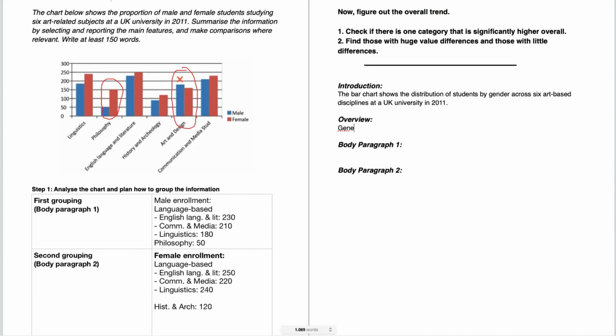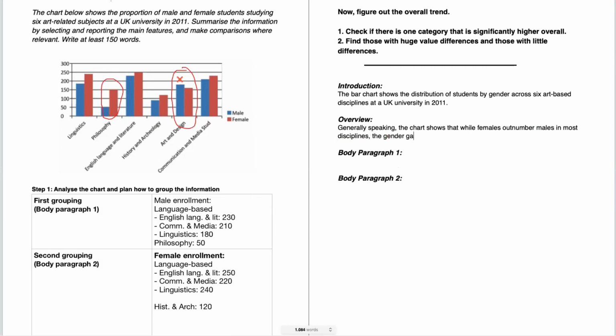And I'm going to say, generally speaking, the chart shows that while females outnumber males in most disciplines, the gender gap for each subject was not significant, with the notable exception of philosophy.